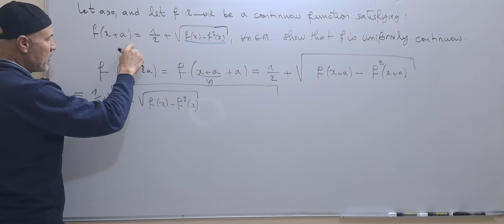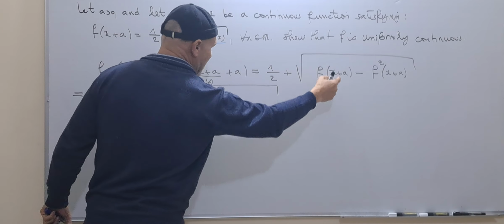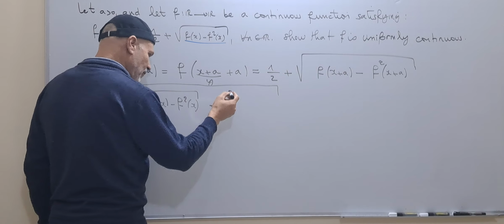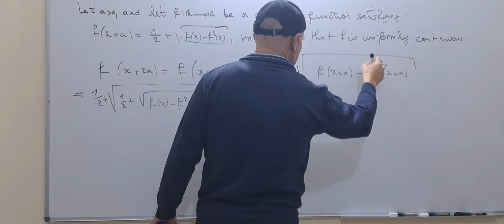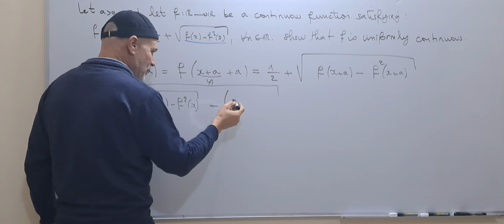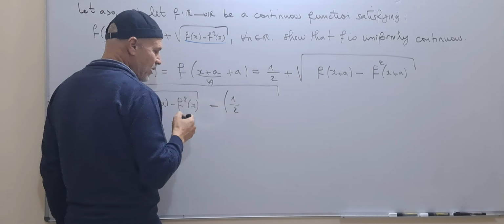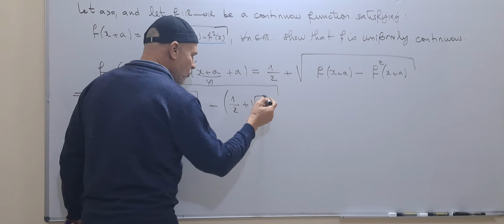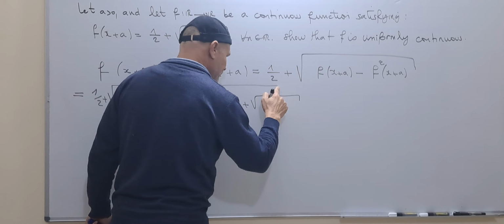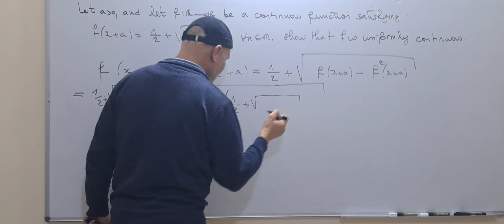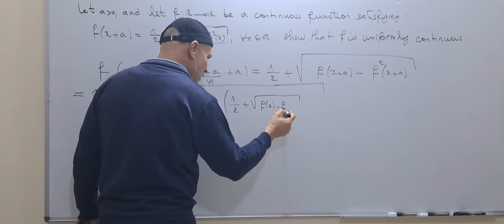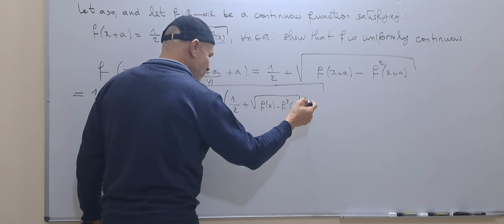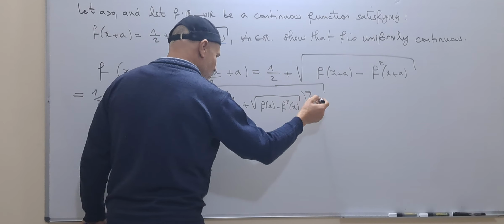We apply this formula for f of x plus a, and here we have f of x plus a square. This means 1/2 plus the square root of f of x minus f square of x, all this squared.